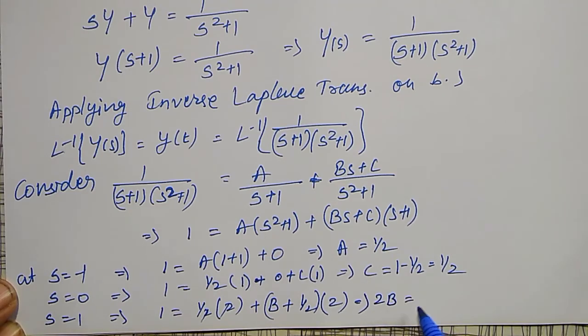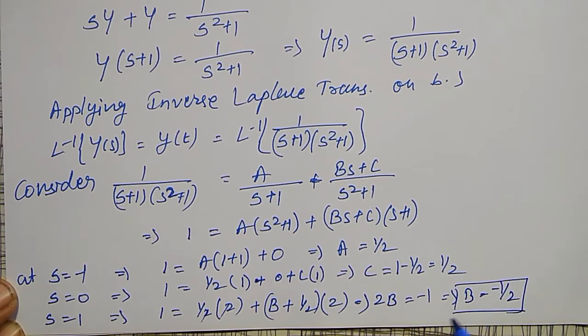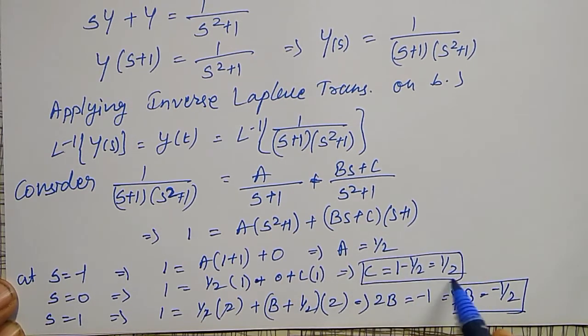Therefore 2b is equal to minus 1, which implies that b is equal to minus 1 by 2. So a is equal to plus 1 by 2, c is equal to plus 1 by 2, and b is equal to minus 1 by 2.